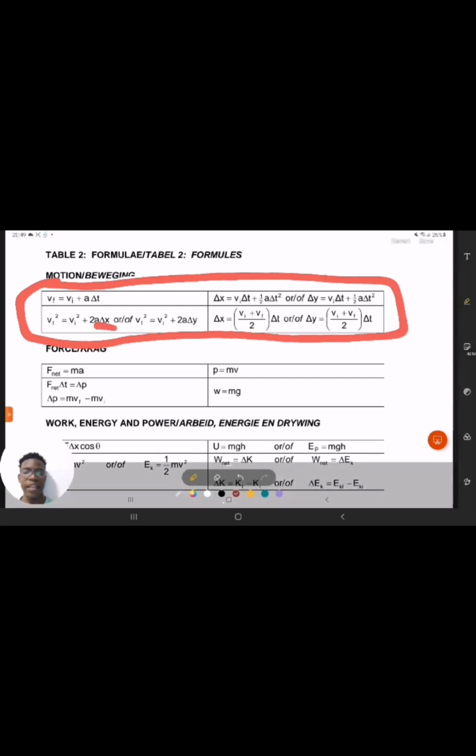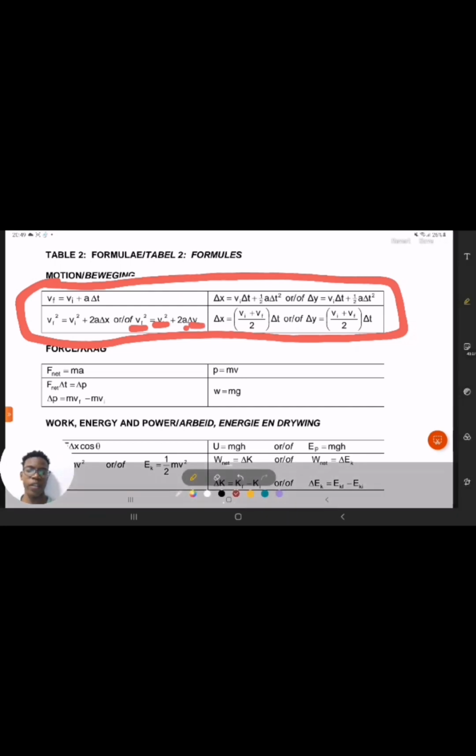Delta X is the same as what I call delta Y, right? Because you're looking at the vertical direction, so I'm going to use Y, vertical projectile motion. So delta X is delta Y. Don't let that scare you. Same things. It's just different equations, but the same parameters throughout. You see that?